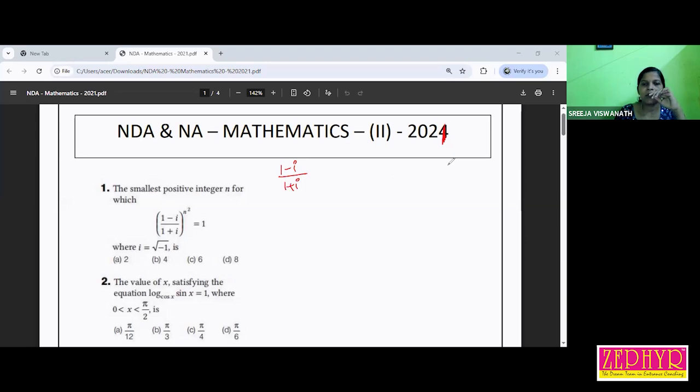We have to multiply with its conjugate, 1 minus i, on numerator and denominator. First you have to simplify the given value. That is (1 minus i) the whole square divided by (a plus b) into (a minus b), which is a square minus b square. Now solve.